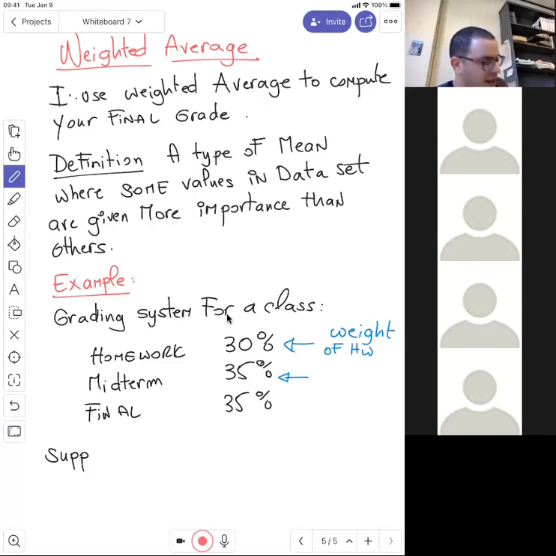The 35% is the weight of the midterm. And the weight of the final is also 35%. The percentages here represent the weight.